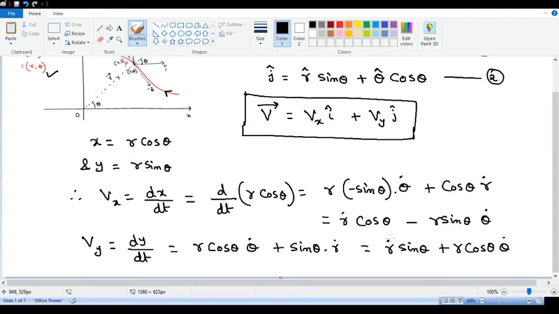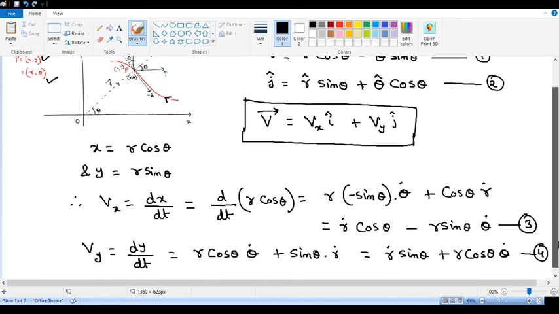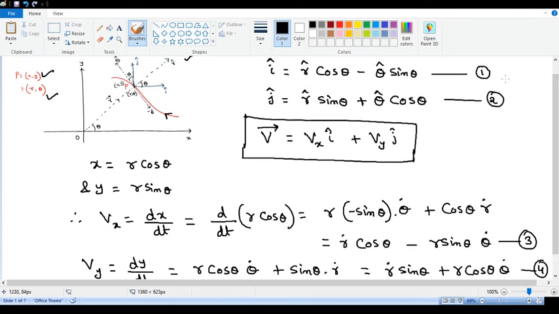So we have obtained the value of vx from equation number 3 and the value of vy from equation number 4. Now we have obtained i hat, j hat, vx and vy, so we need to replace all these variables in this fundamental equation of velocity.